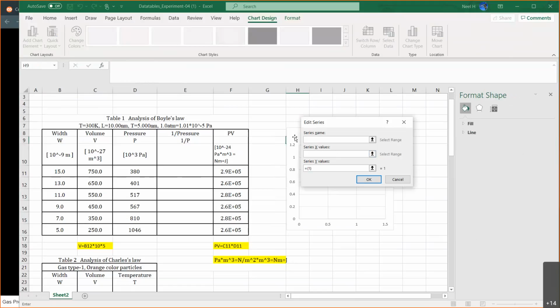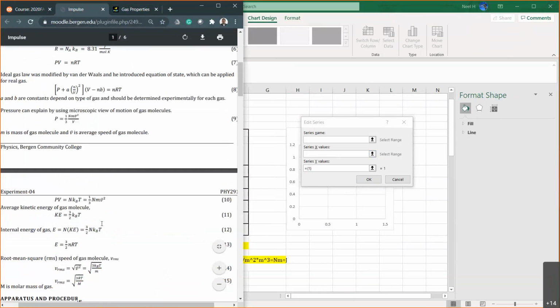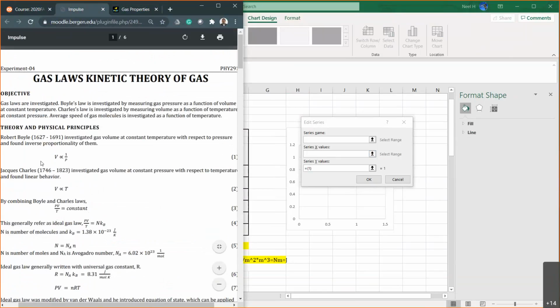If we're drawing the PV diagram, it doesn't matter how you draw. Usually we follow exactly how we write the equation here. So if I write V proportional to 1 over P, then let's make a graph with V on the y-axis, P on the x-axis, okay? Doesn't matter actually, because we just check the proportionality.